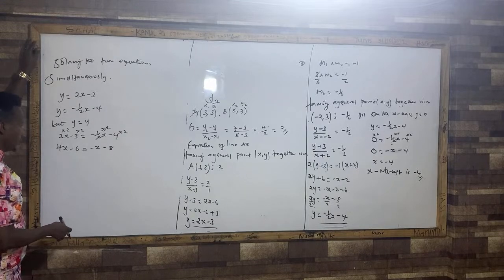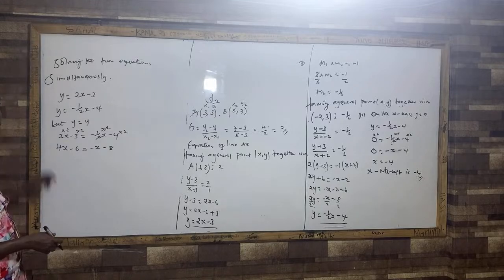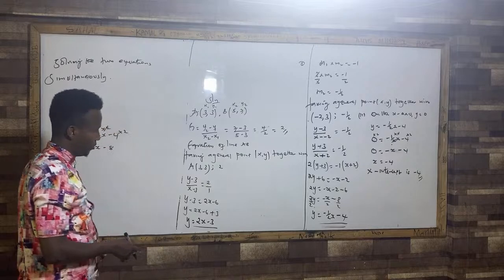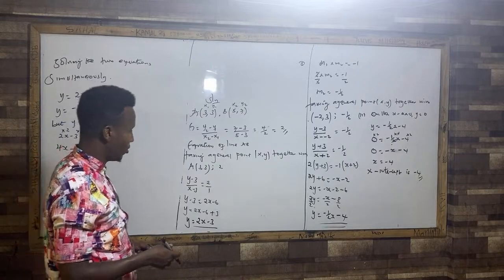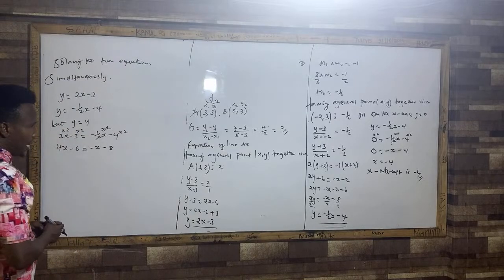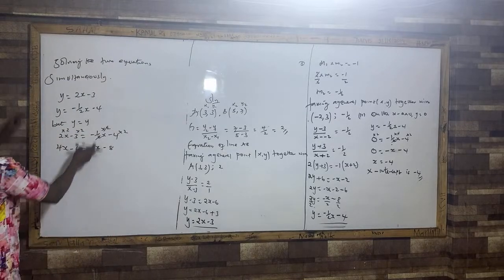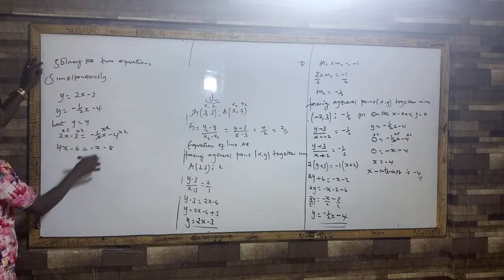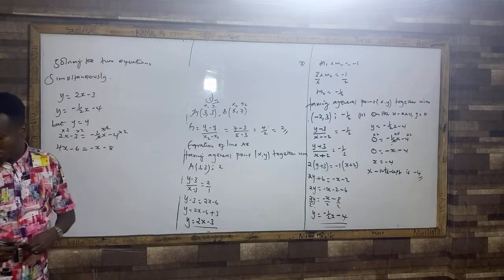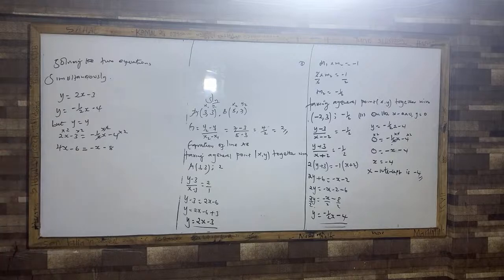We are going to collect the like terms, guys. Now take this one to this side, and that one to the other side. So I will have, let me check this equation a minute, please.